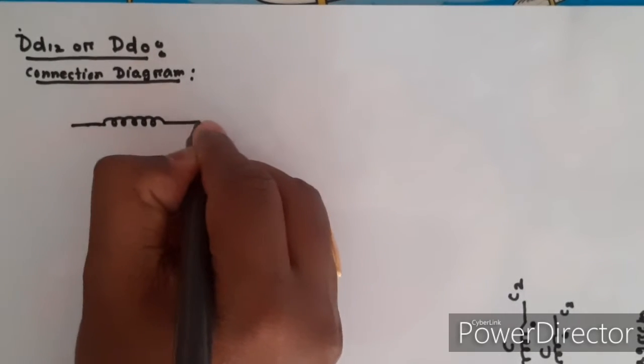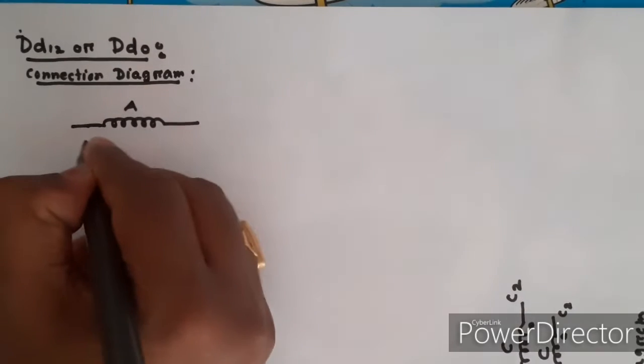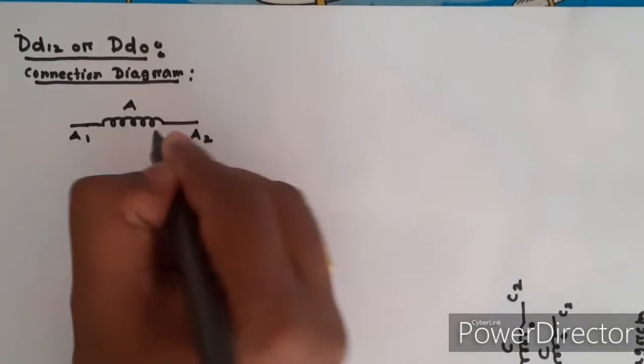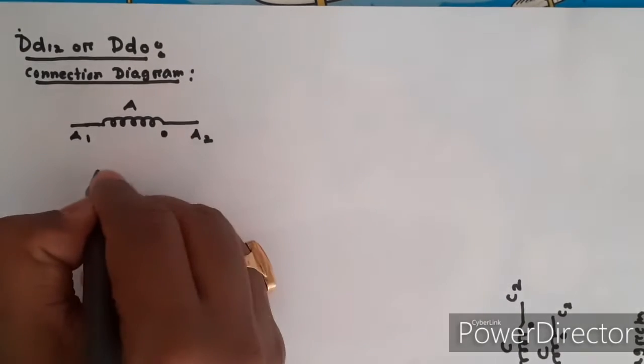This is the high voltage A phase, starting A1 and A2. End is represented by a dot.